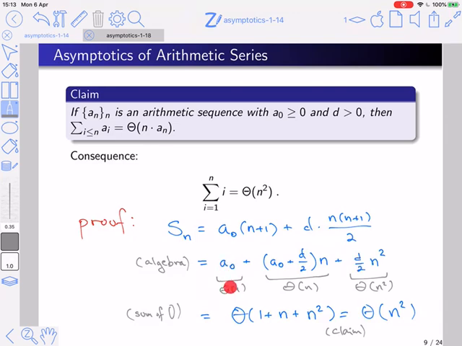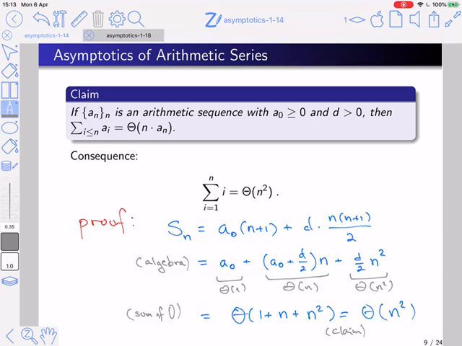This part is big theta of 1, this part is big theta of n. This part is big theta of n squared. Now we take the summation, we get big theta of 1 plus n squared, and this thing, by the claim, where we add a constant number of functions, is big theta of n squared.